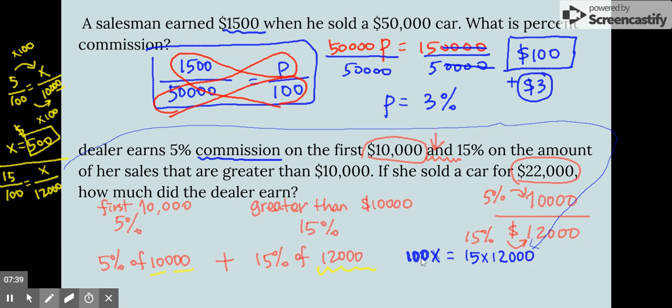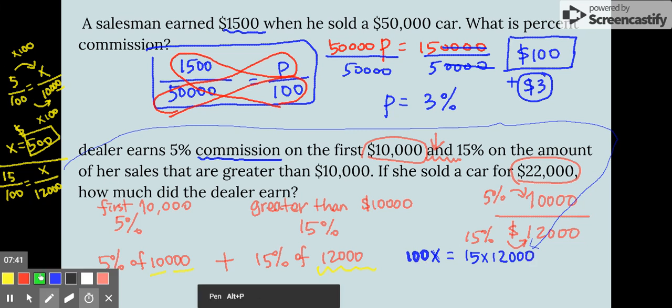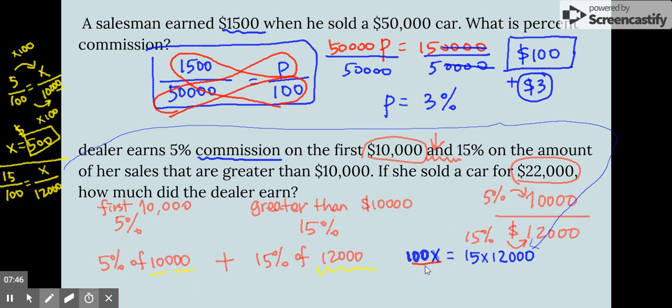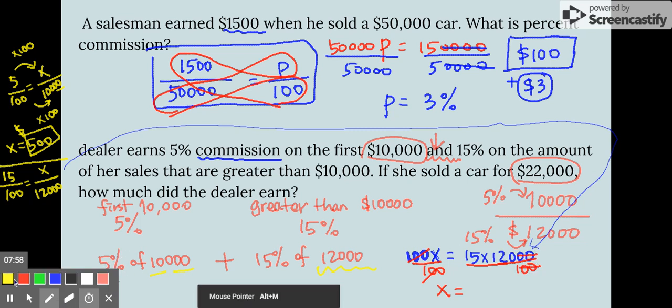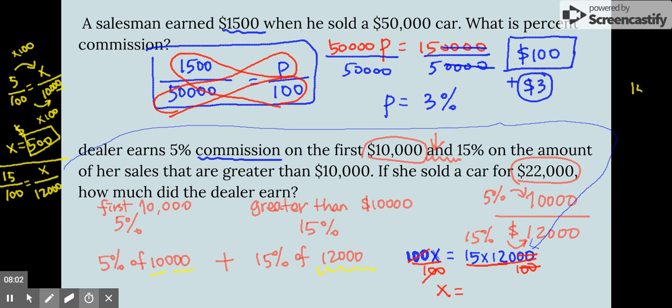If you don't want to deal with really huge numbers, I would recommend you divide by 100 first. Divide by 100 before you multiply. So it's going to be x, and these 2 zeros will be gone, right? So now let's do 15 times 12. 15 times 12, and then I'm going to add 0, 30 and 150.